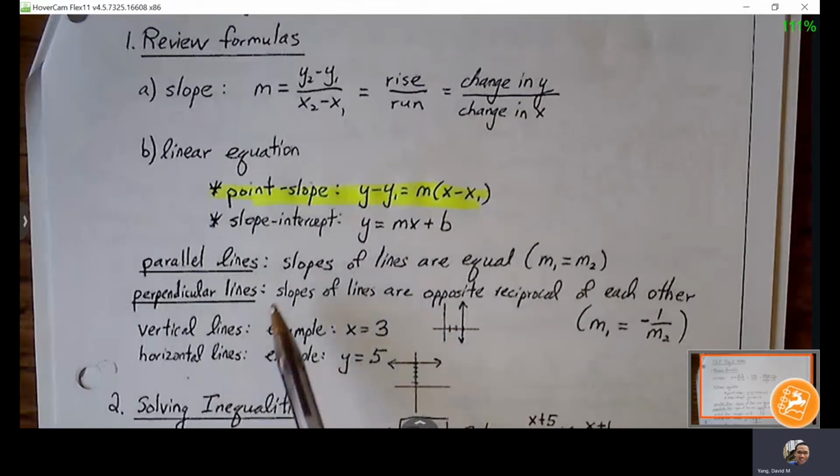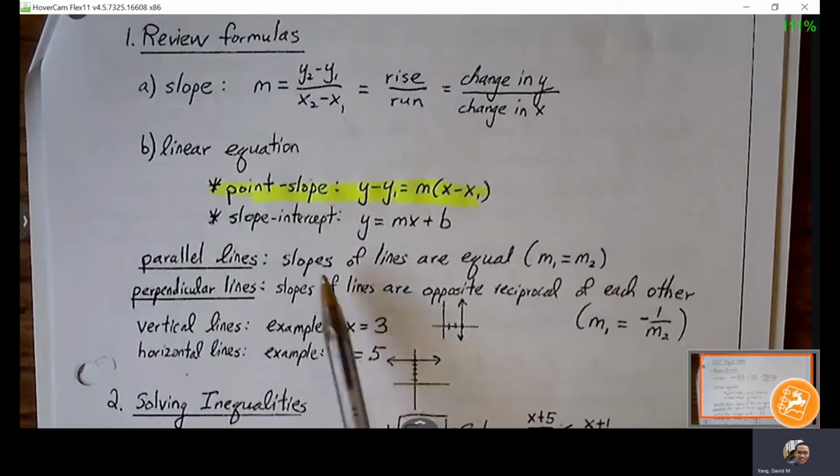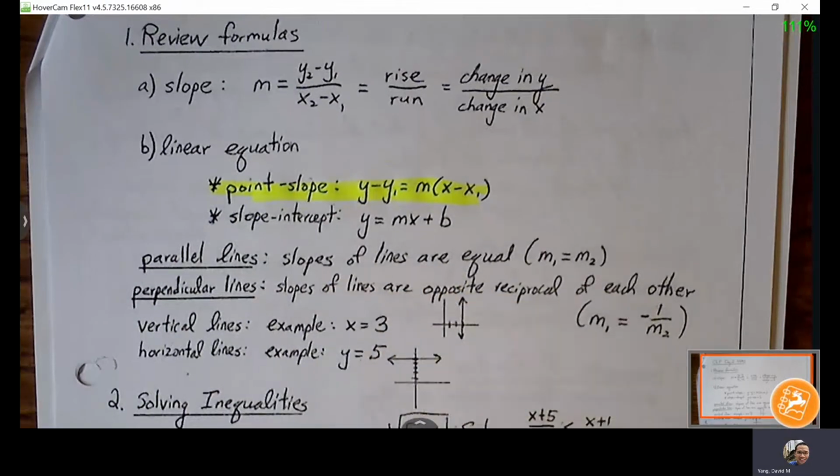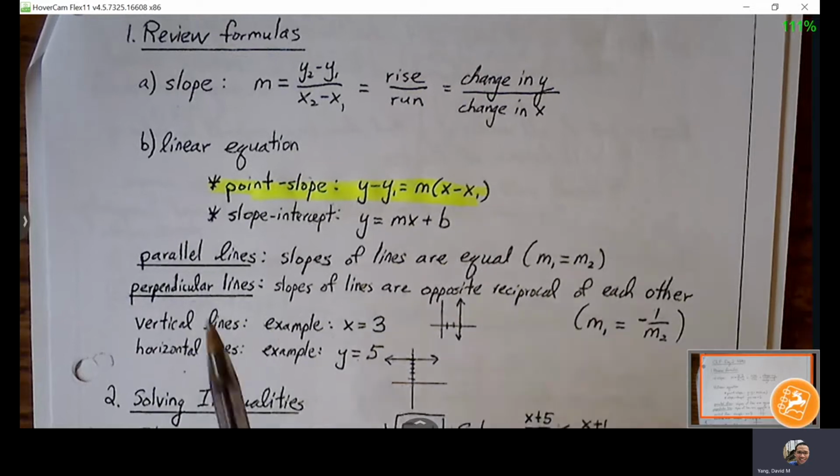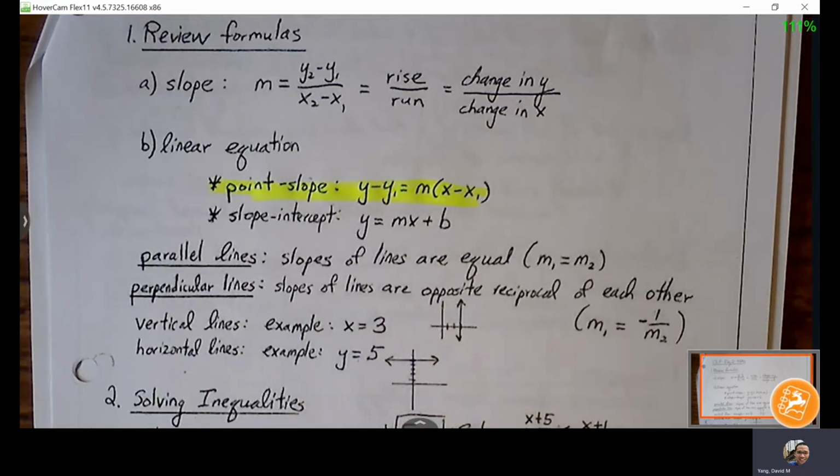Parallel lines are where two lines have slopes that are equal to each other. And then two lines are perpendicular if the slopes are opposite reciprocals of each other.